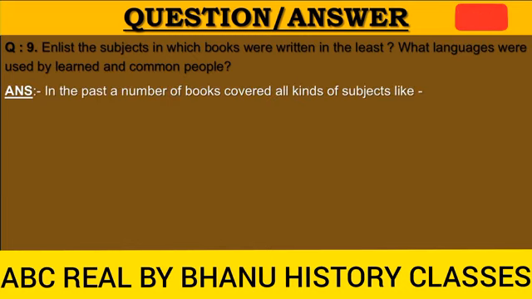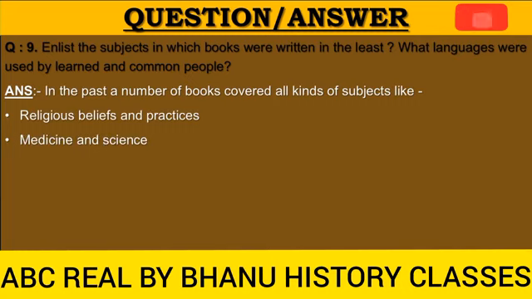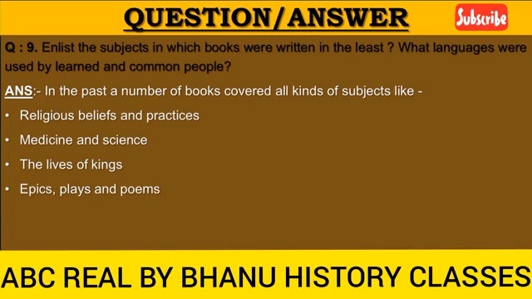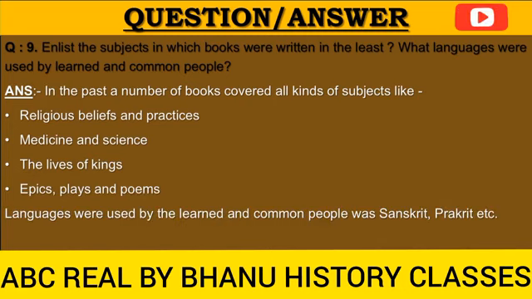Answer of this question is: in the past, a number of books covered all kinds of subjects like religious beliefs and practices, medicine and science, the lives of kings, epics, plays and poems. Languages used by learned and common people were Sanskrit, Prakrit, etc.